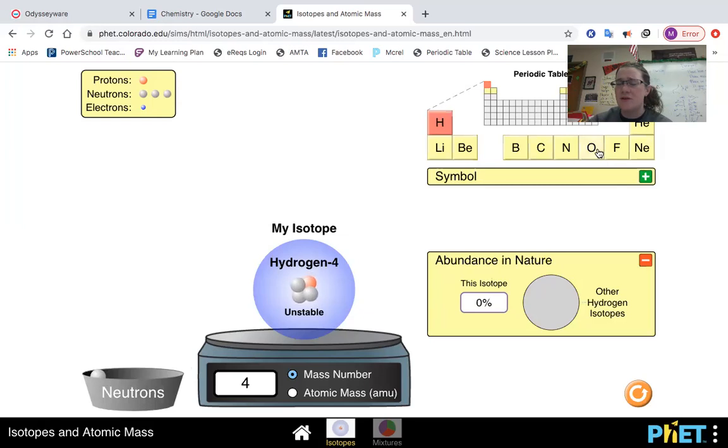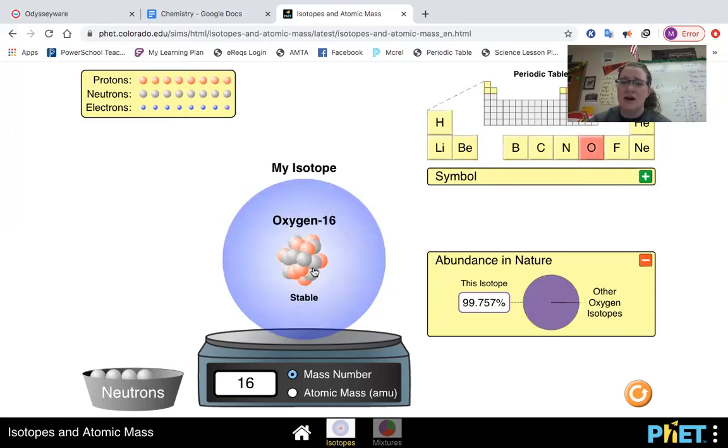We can look at some other ones, like oxygen. Oxygen 16, so 8 of each, 8 protons, 8 neutrons, occurs 99.757% of the time. If I make it oxygen 17, 0.038% of the time. If I make it oxygen 18, 0.205% of the time.